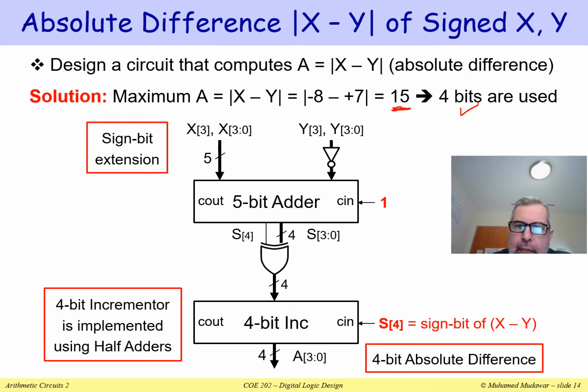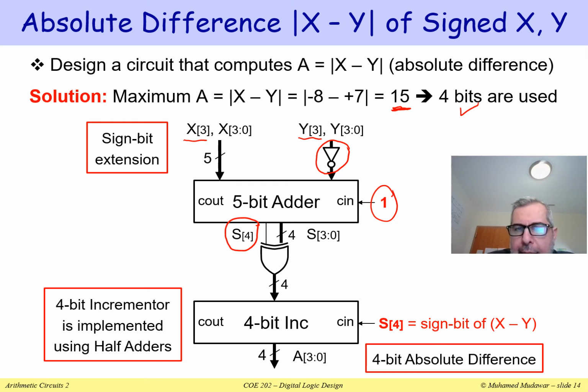I need to use sign extension to extend x and y, because x and y are signed, and I'm going to invert y and add +1. You can see this inverter is going to invert all the bits of y. So we use sign extension. You can see that x and y are sign extended. I'm using a 5-bit adder to produce the correct sign bit, because if I use a 4-bit adder, I might get overflow.